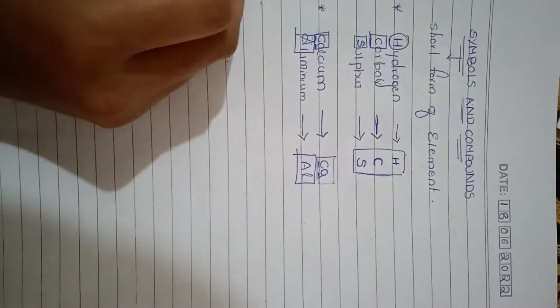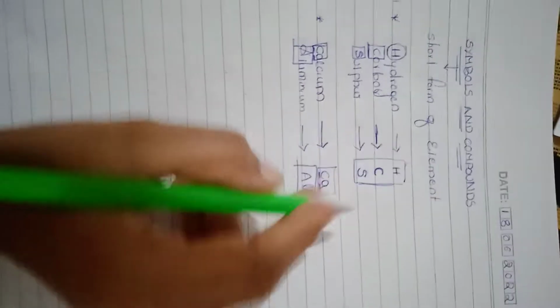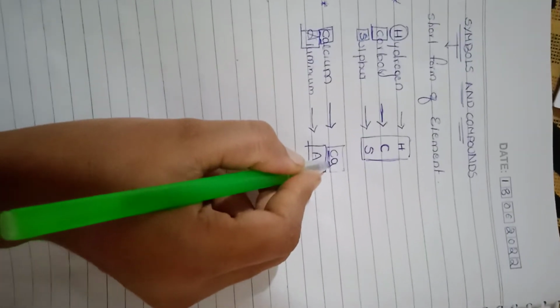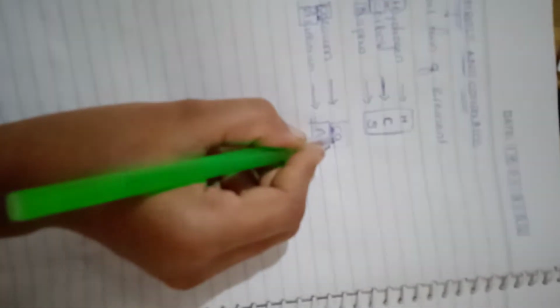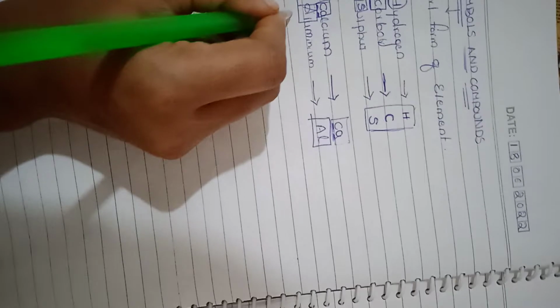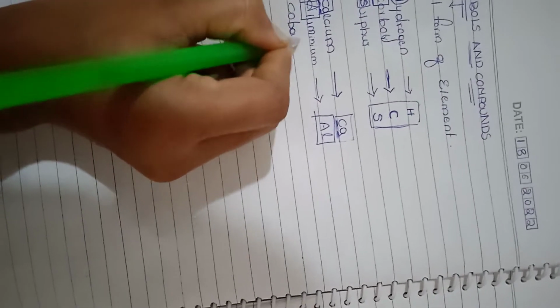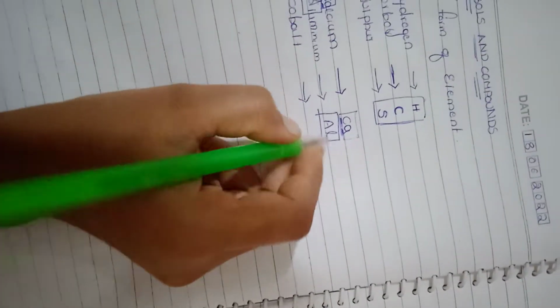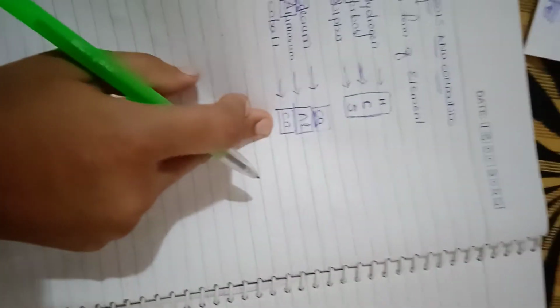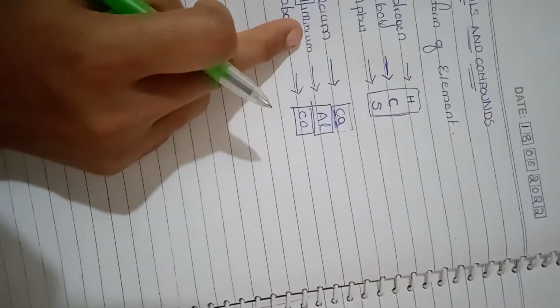In the second rule, they have kept the first letter capital and the second letter small. Got it? And what about cobalt? Co. The first letter is capital and the second letter is small.